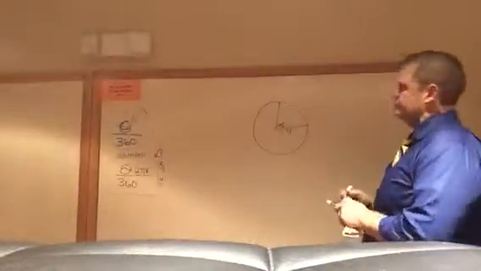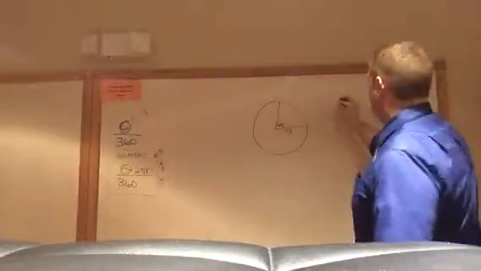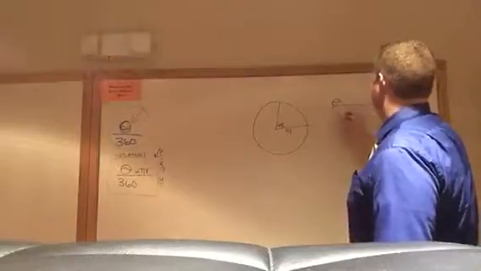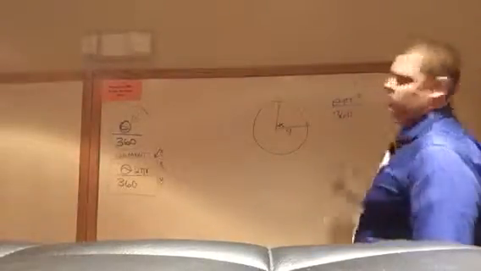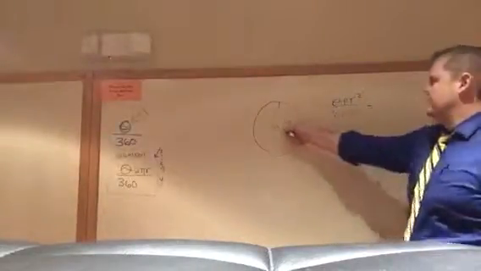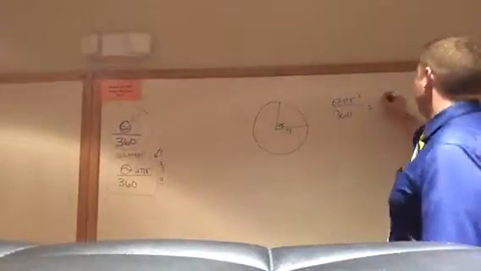So, let's take my equation. Theta over 360 pi r squared. What's my theta? What's my theta? The number 45.